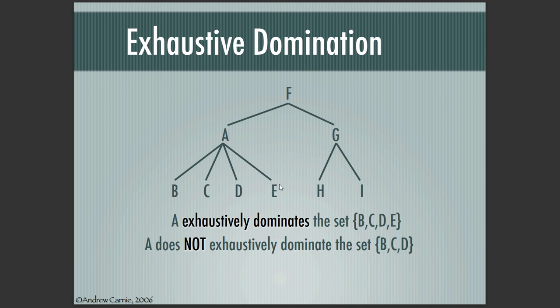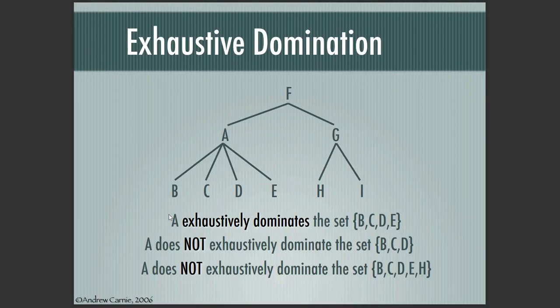If we remove one of the nodes in this set, this means that it is not exhaustively dominated by A, and it is not an appropriate use of the structural relations. Also, A does not exhaustively dominate the set of B, C, D, E, H, and I, and so on.